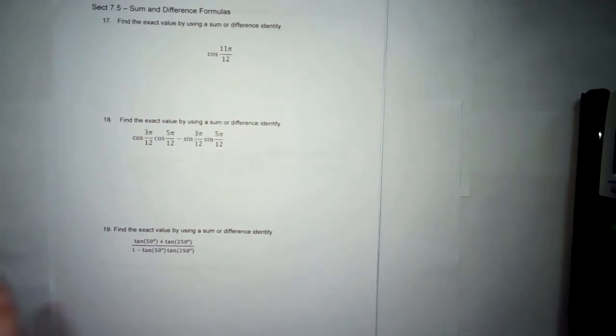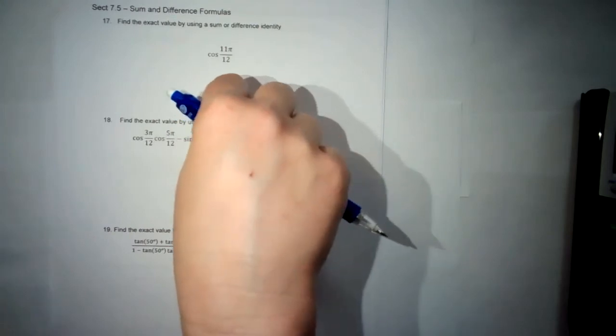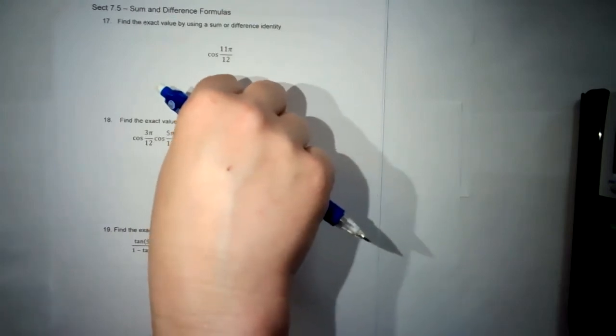Okay, so he's not on the unit circle and you can't use the calculator. So I want two angles that we can either add or subtract to come up with him. All right, so I'm more of an add girl, so I'm going to add some together here.